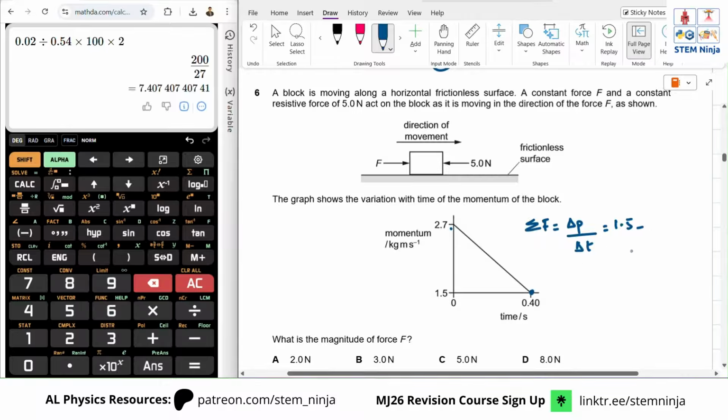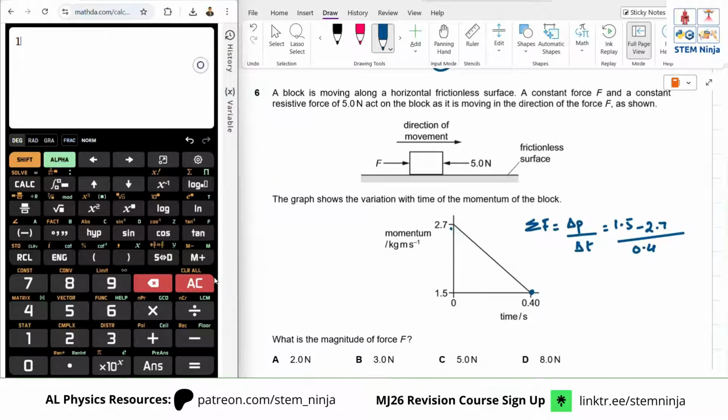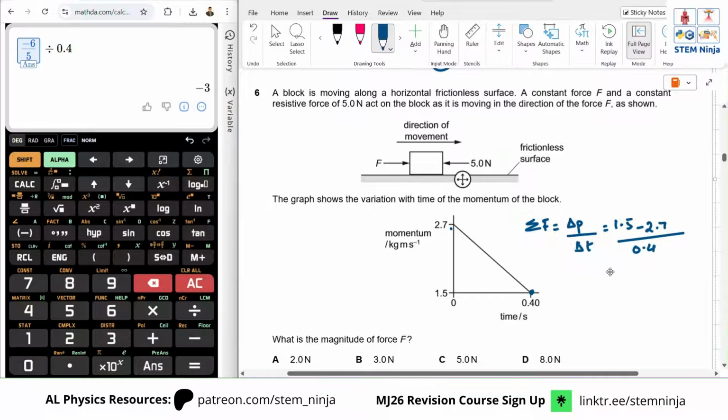So because this is the later thing, 2.7, divided by 0.4. So this is giving us 1.5 minus 2.7 divided by 0.4. So the resultant force is minus 3.